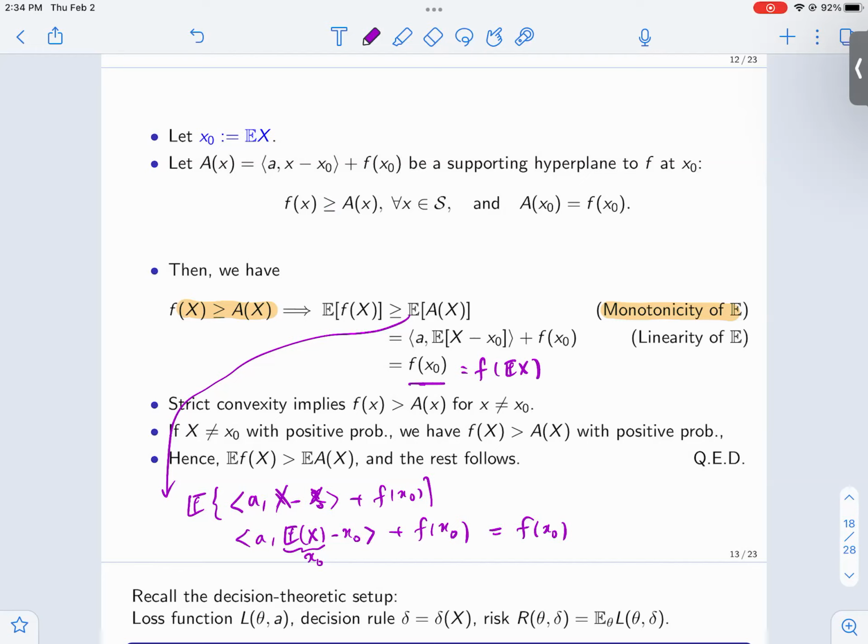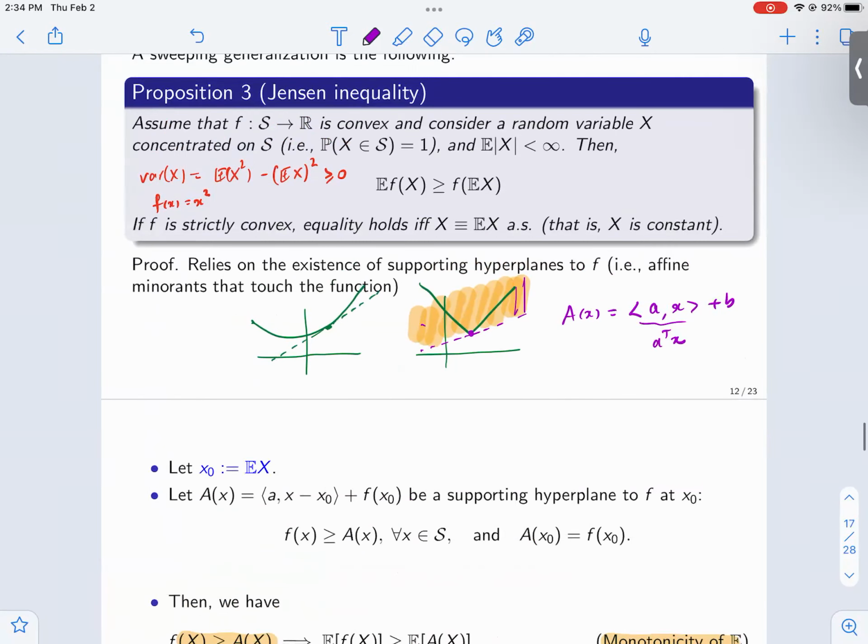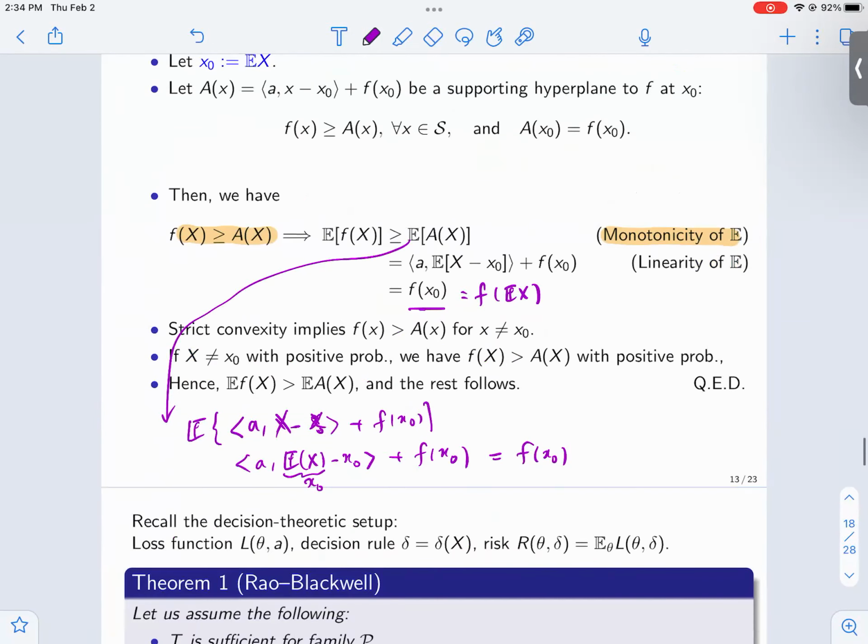And if x is not constant almost surely, it means that the probability that it does not equal its mean is positive. So there's positive probability that it's not equal to that. And because this holds on this set, it's going to have positive probability. And if it has positive probability, when you take the expectation of both sides, you preserve the strict inequality.